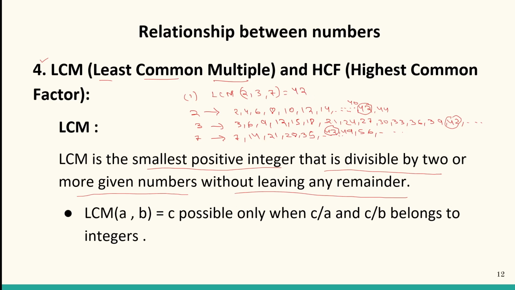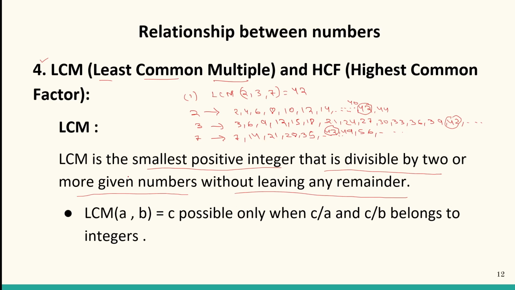We will also learn another property: if we are trying to find the LCM of prime numbers, then the LCM is their product. So 2 into 3 into 7 is equal to 42. We'll learn this property in the upcoming slides.